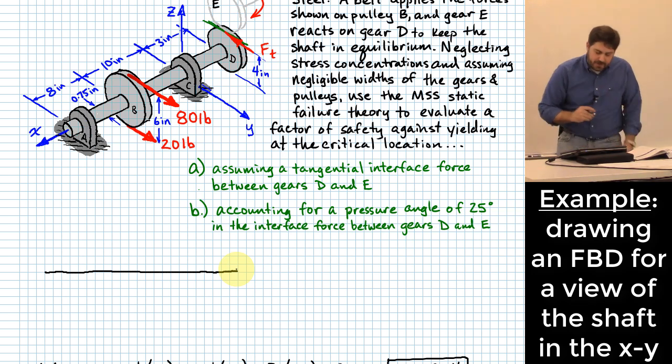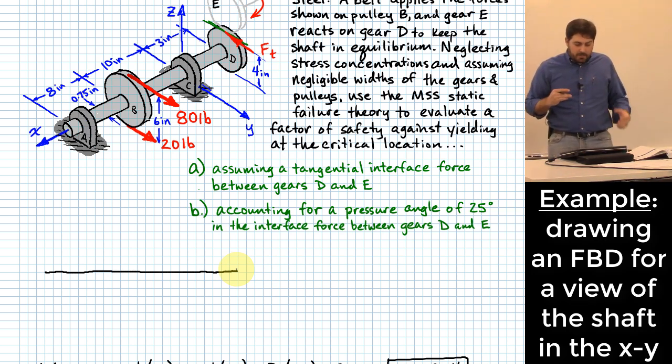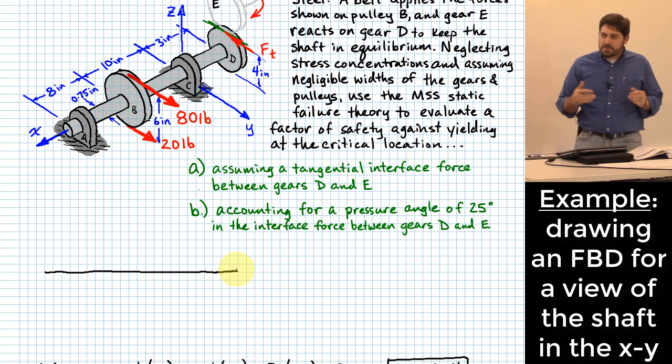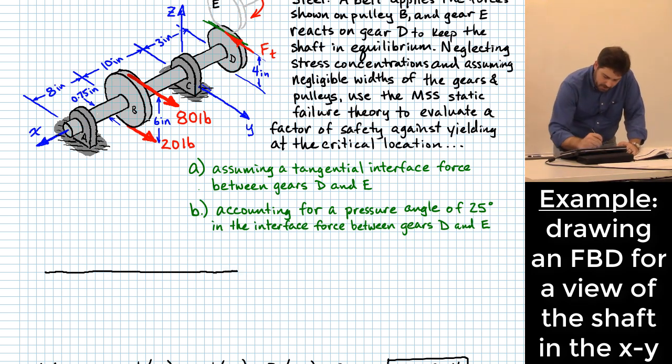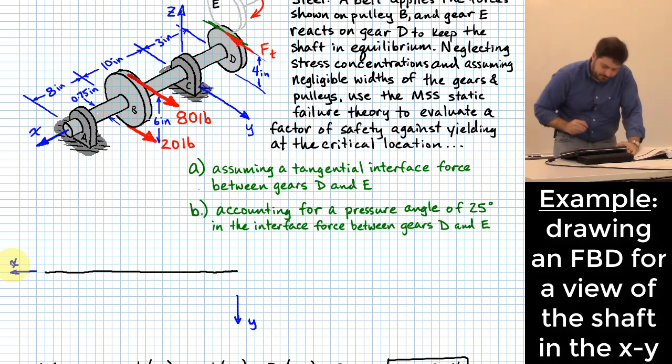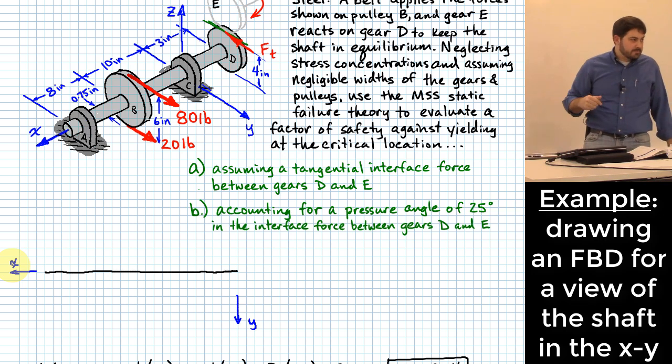What's the net effect in terms of the force in the y direction coming from the belt forces on the pulley? Okay, we've got 100 pounds. And I'm going to show this y going this way and this x going this way. I think that'll be easier to see because it's like we're looking at it from the top.